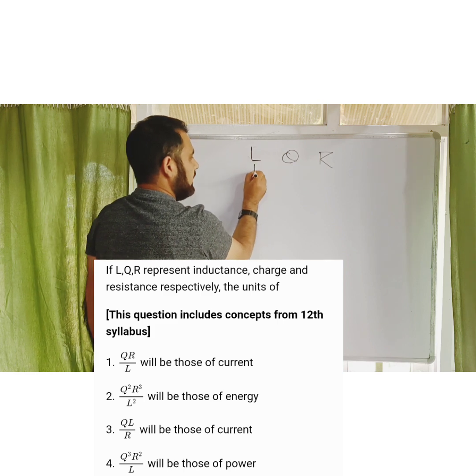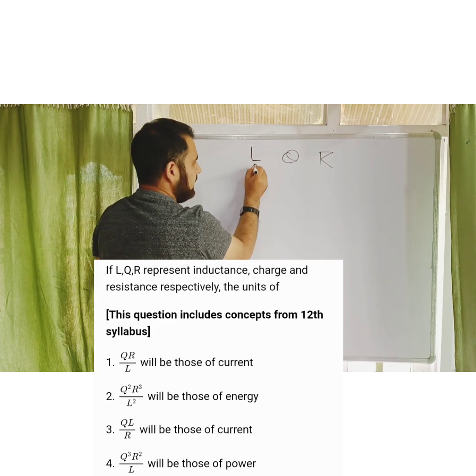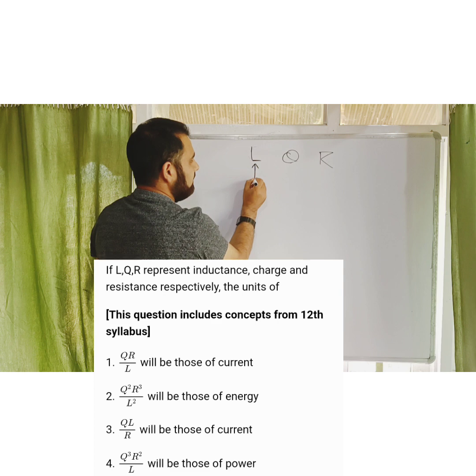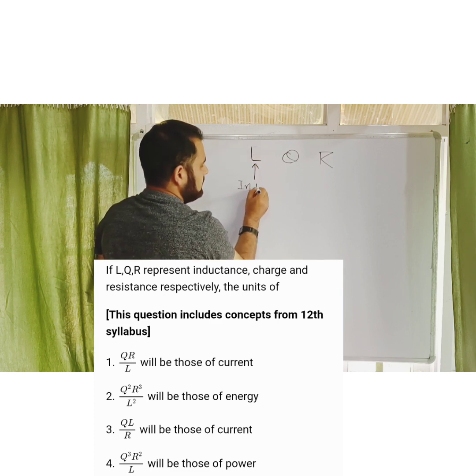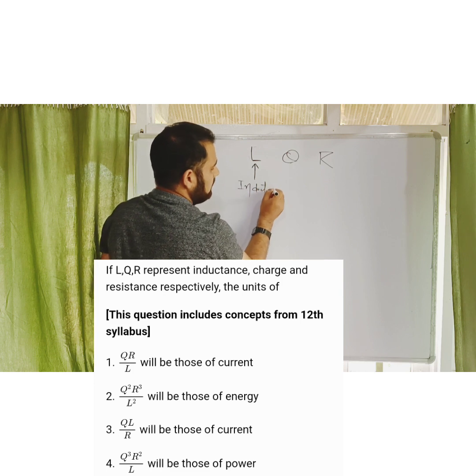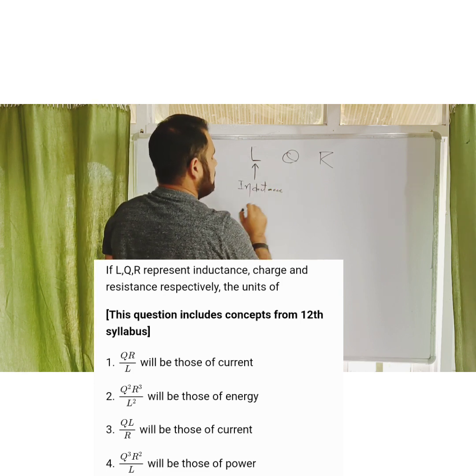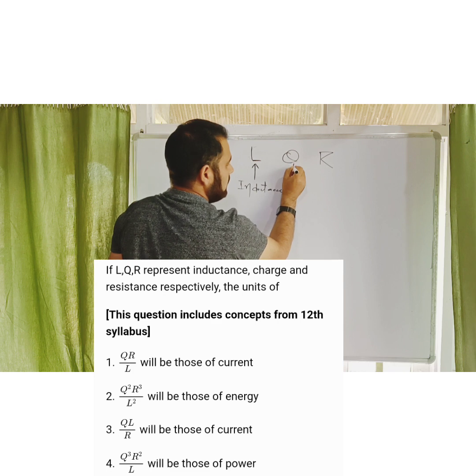the inductance, so L is the self-inductance, it is represented by L. Inductance is the opposition basically. Q is the charge.